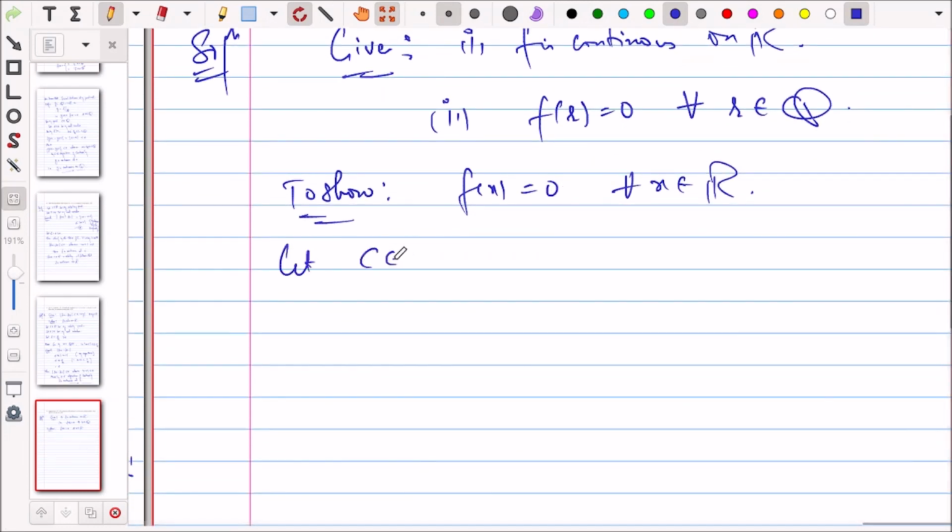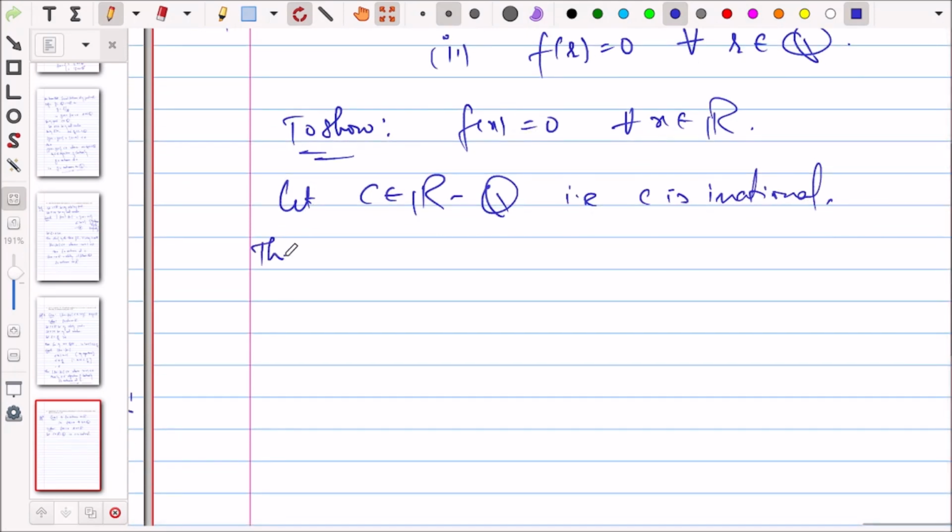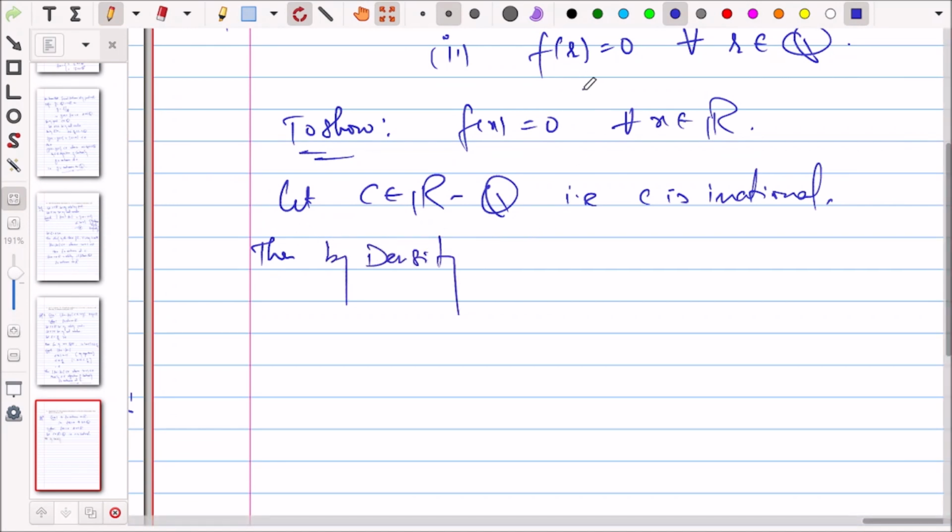Let c belong to R minus Q, that is, c is irrational. Then by the density theorem, whenever we have this Dirichlet type of function, we know we have to use the density theorem. That is, for irrationals we have sequences from rationals and from irrationals that converge to c.